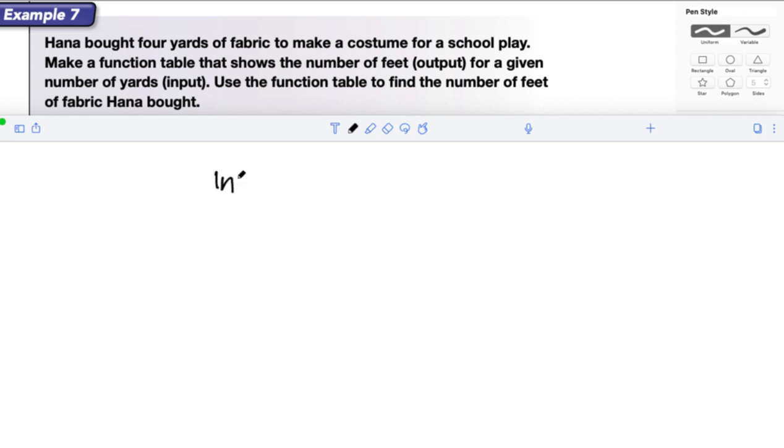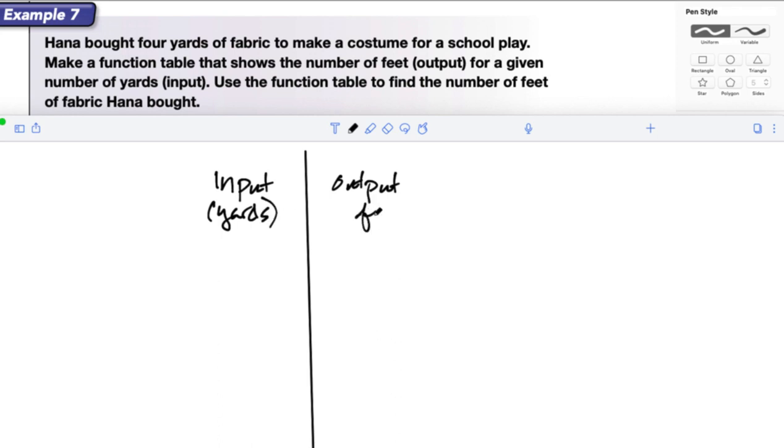Our input and our output have defined characteristics. We're told that our input is going to be the yards, so I'll put that here, and then our output would be the number of feet. So the first thing, we're going to make a function table that shows the number of feet output for a given number of yards. So let's try it.